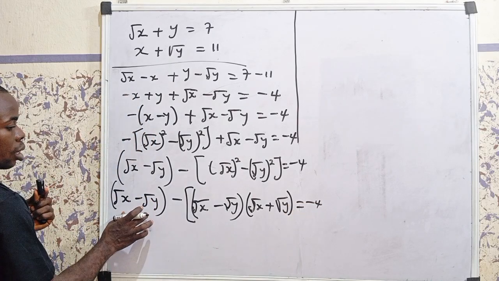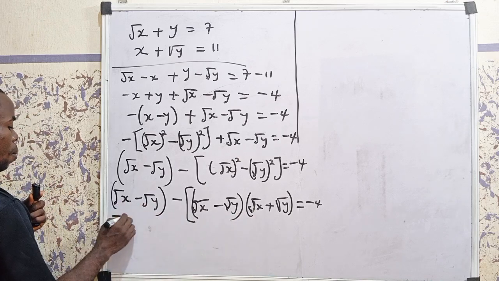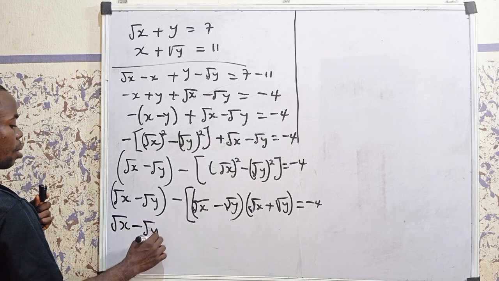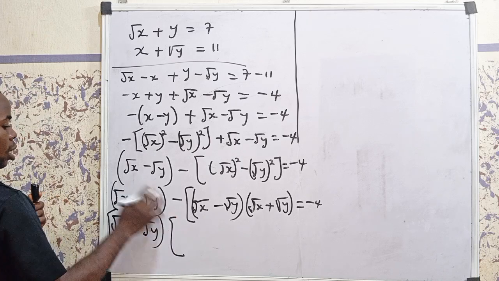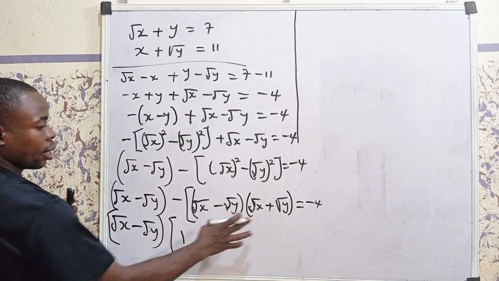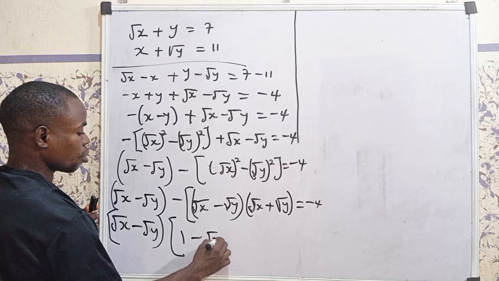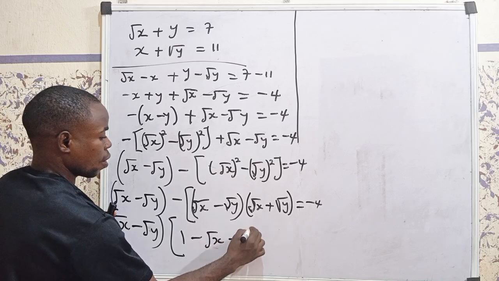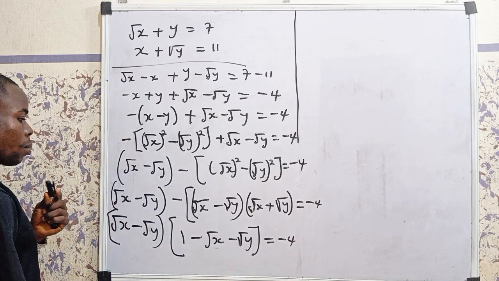Okay, so you can see I can factorize root x minus root y. If I factorize it here, I have 1, and then what is remaining here is minus root x minus root y, okay, equal to minus 4.